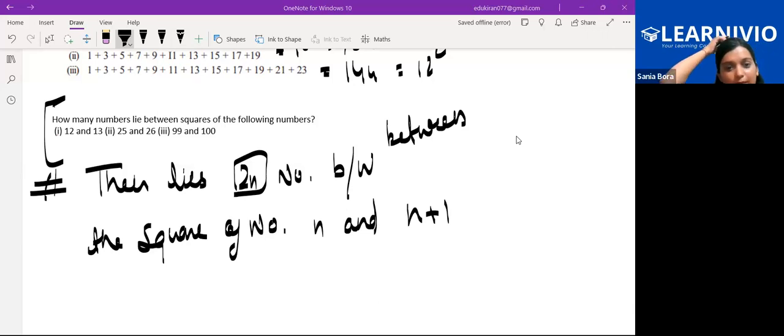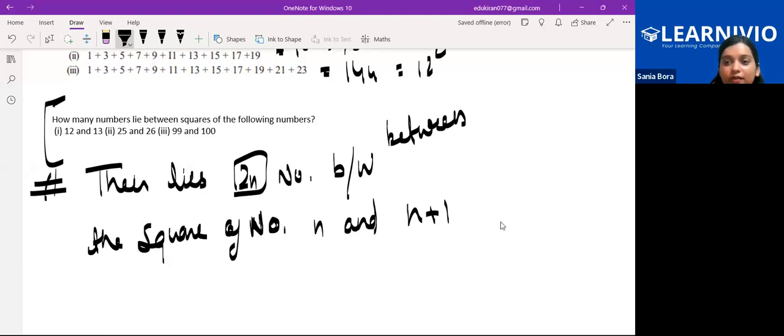So we'll just start with Ibrahim. Ibrahim, read it. What is written? There lie 2n numbers between the square of number n and n plus 1. Okay, Ibrahim Jamal, you read it. There lie 2n numbers between the square of number n and n plus 1.